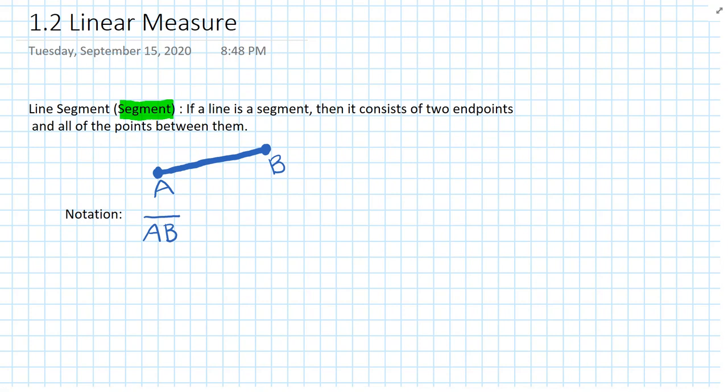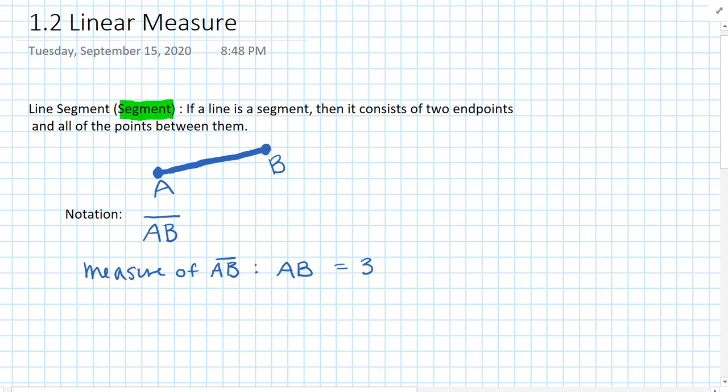Now when we're talking about the measure of AB, so if we were talking about, say, the length of this segment, we would just use AB without that segment on top. So just the two letters together, and then we could say AB is equal to 3 or something like that.